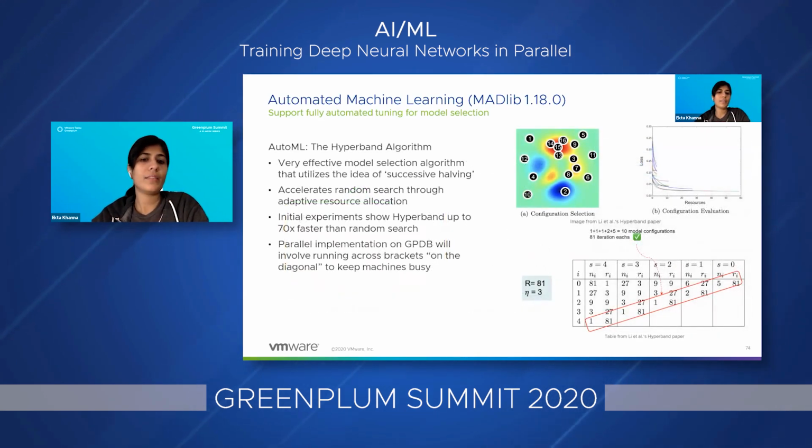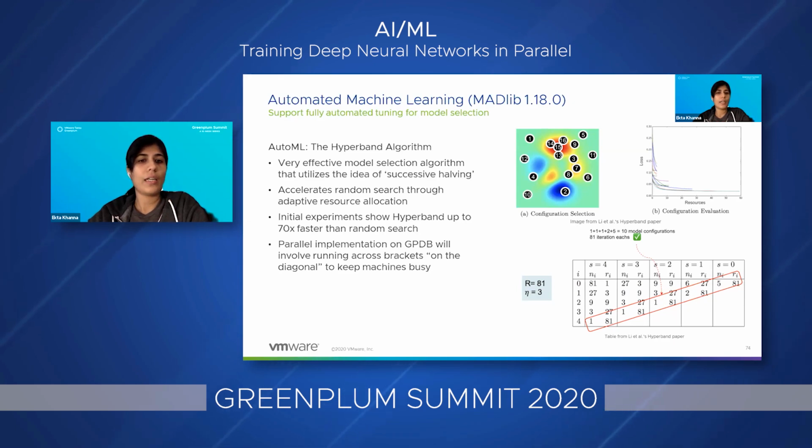So for faster model selection, we looked at AutoML algorithms like Hyperband that speed up random search with adaptive resource allocation and successive halving. What it does is it mainly takes two inputs: R, which is the maximum amount of resources that can be allocated to a single configuration, and eta, which determines the proportion of configurations that are discarded in each round of successive halving, also known as a bracket.